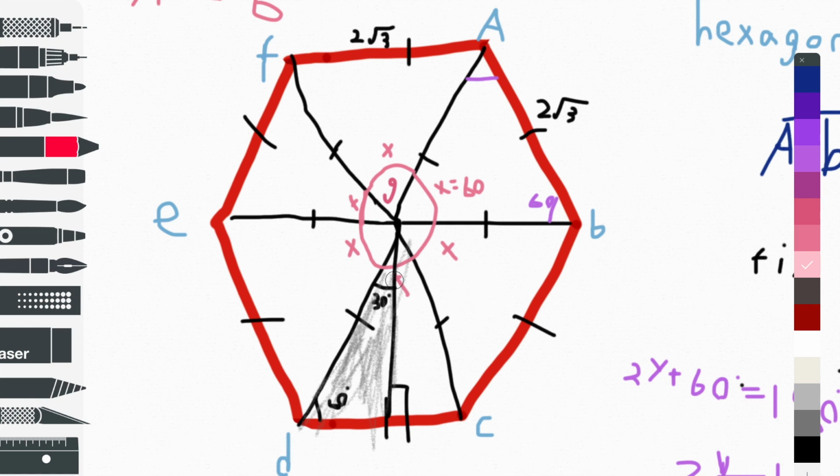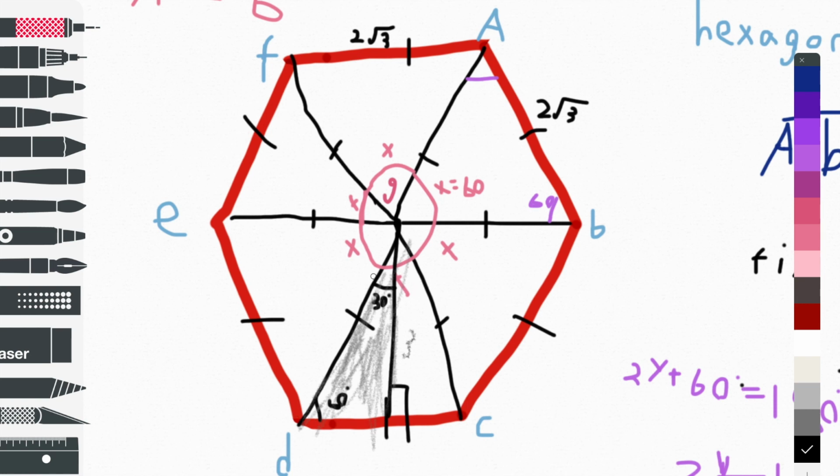So this is square root of 3 times the square root of 3, which is obviously 3. So this is 3. So this side is 3. So we know that the area of a triangle is 1/2 the base times the height.